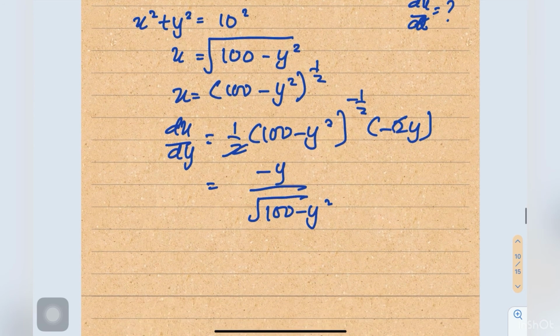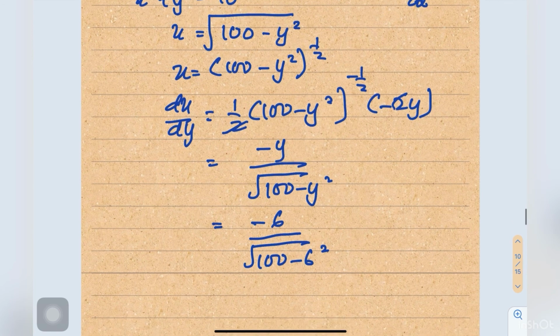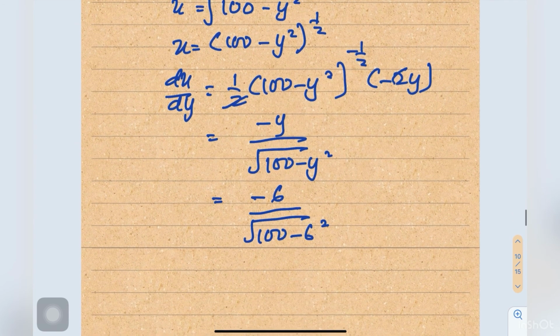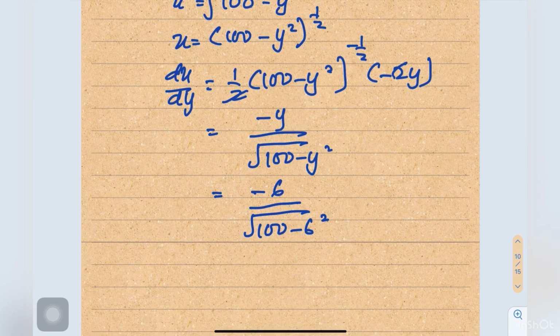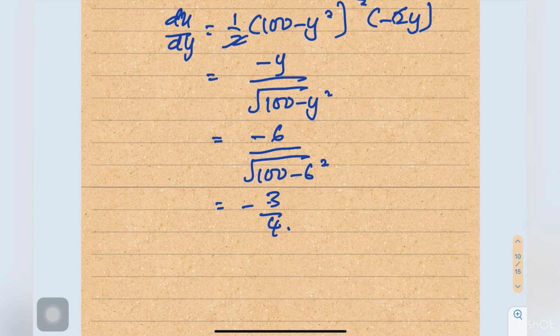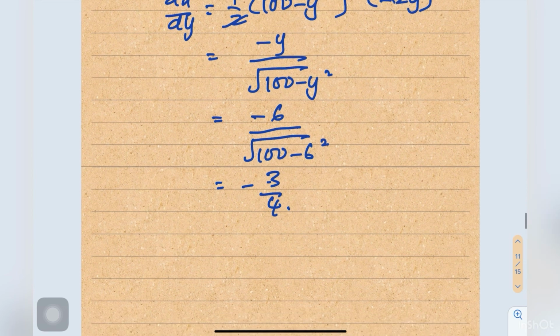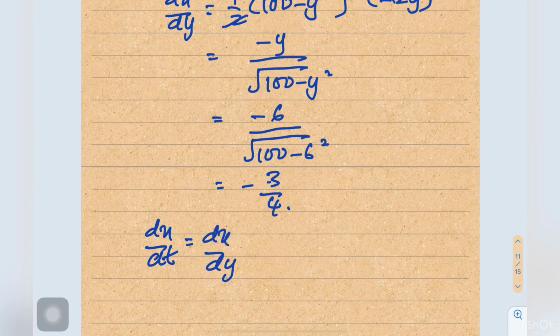Given y equals 6, here 100 minus 6 squared, we get negative 3 over 4. Then we use dx/dt equals dx/dy times dy/dt.